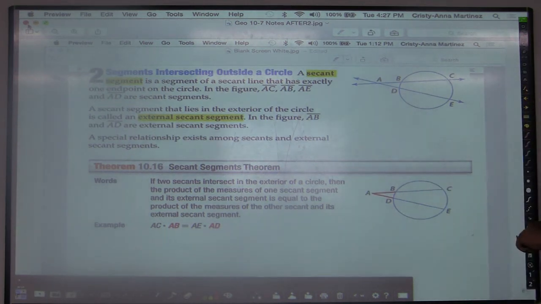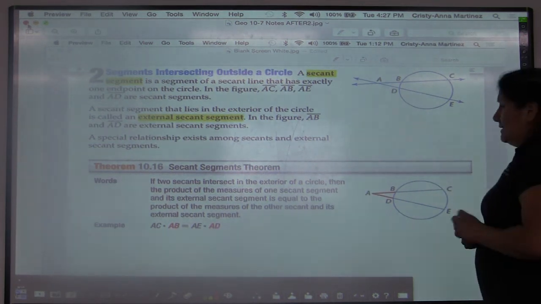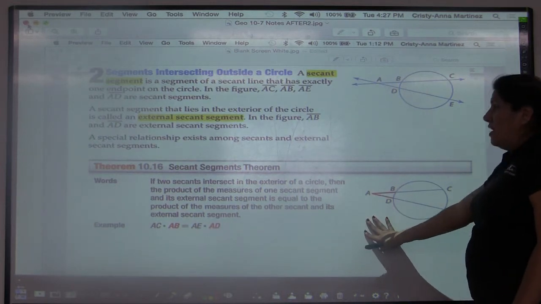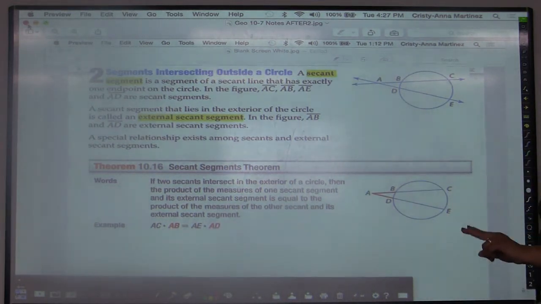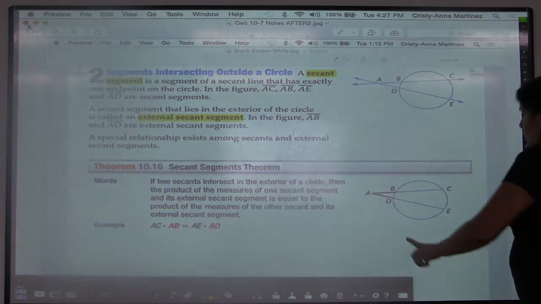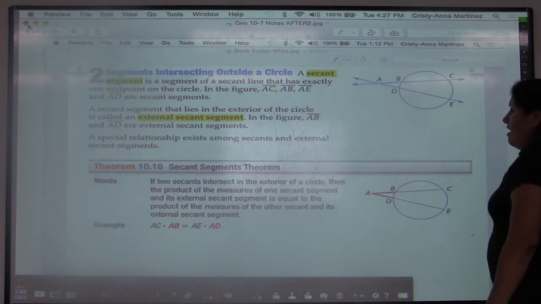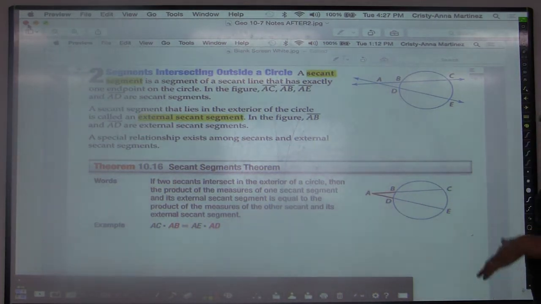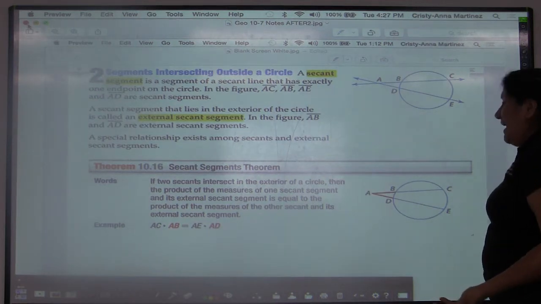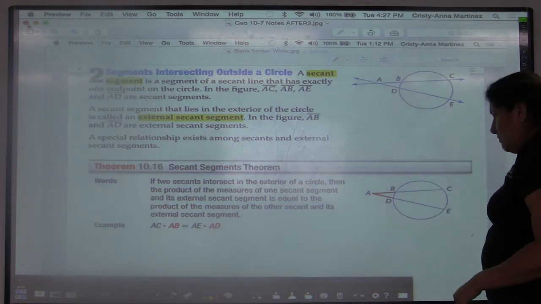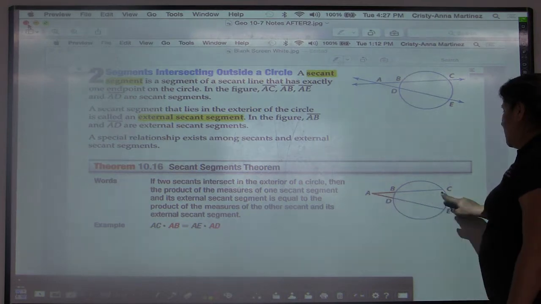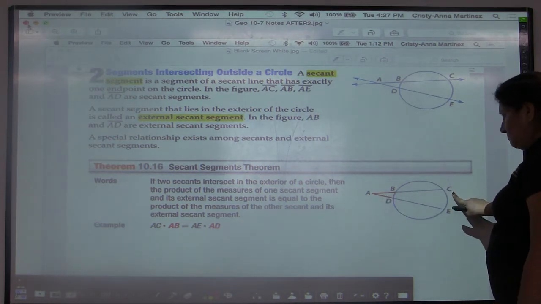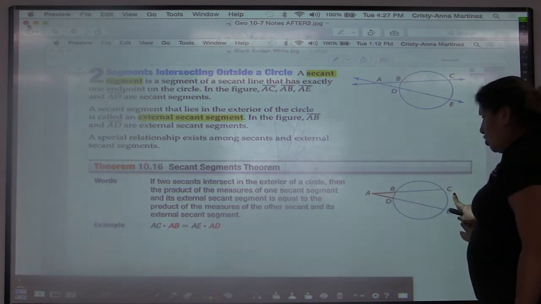A special relationship exists among secants and external secant segments, and here is that relationship. If two secants intersect in the exterior of the circle, okay, so here they are intersecting, then the product of the measures of one secant segment and its external secant segment, so here the secant segment is the entire thing, and its external secant segment is just AB.